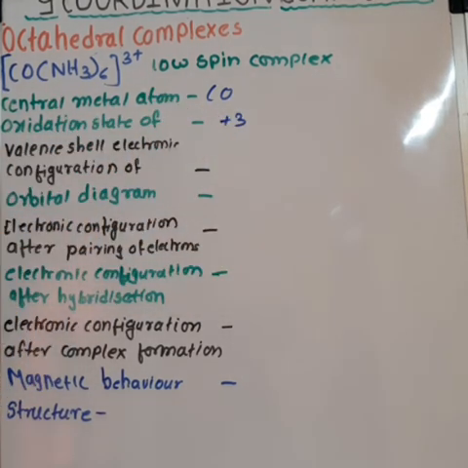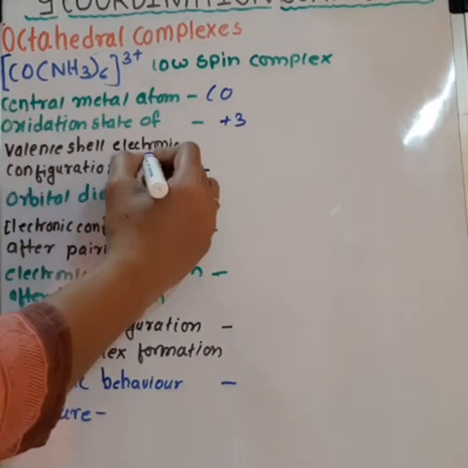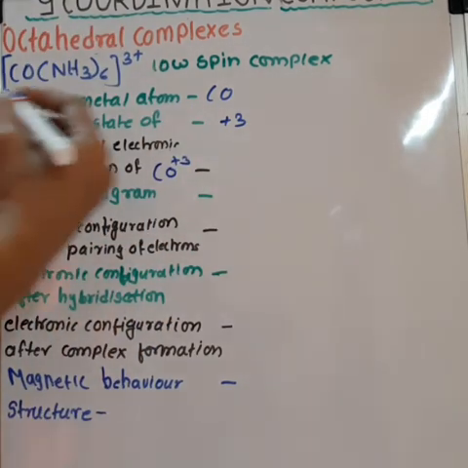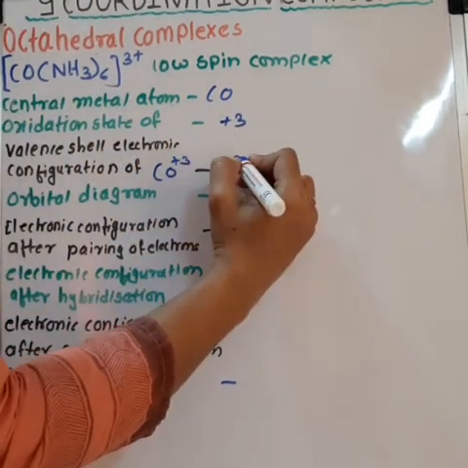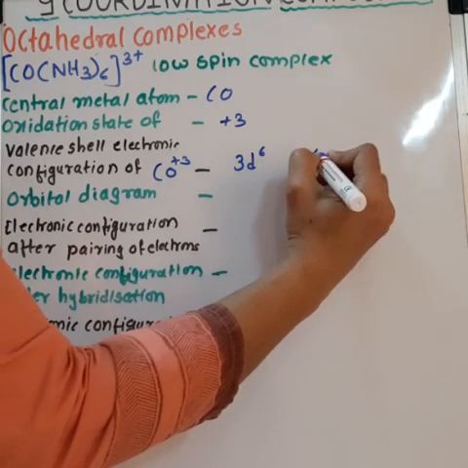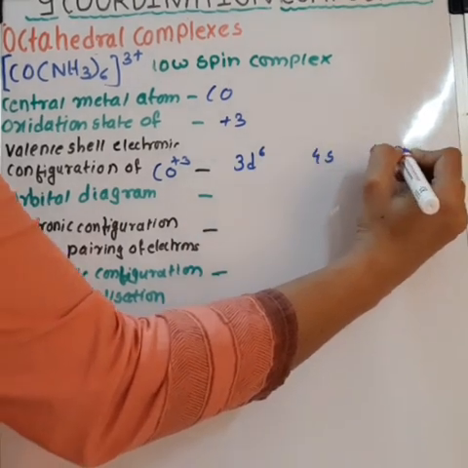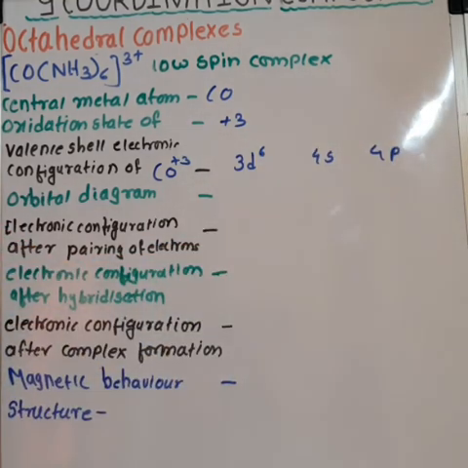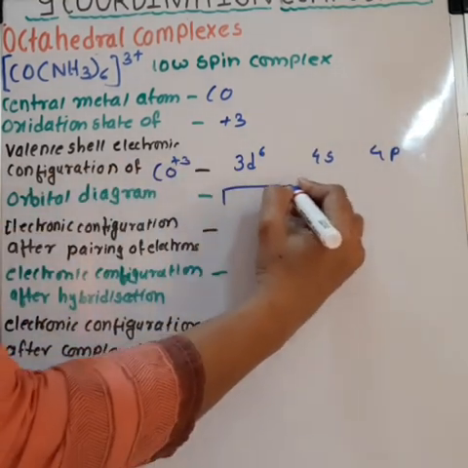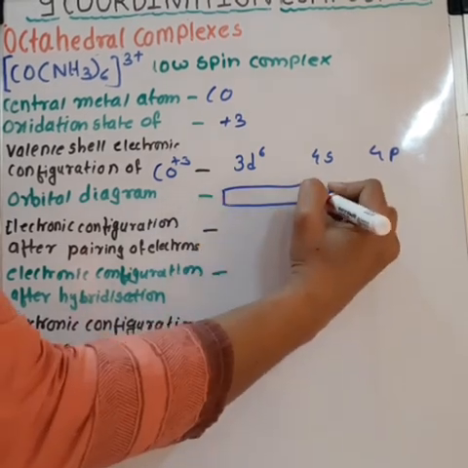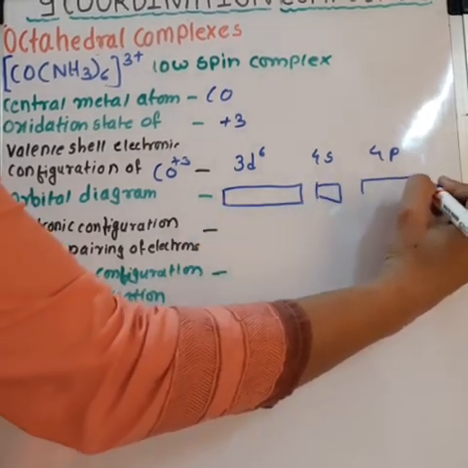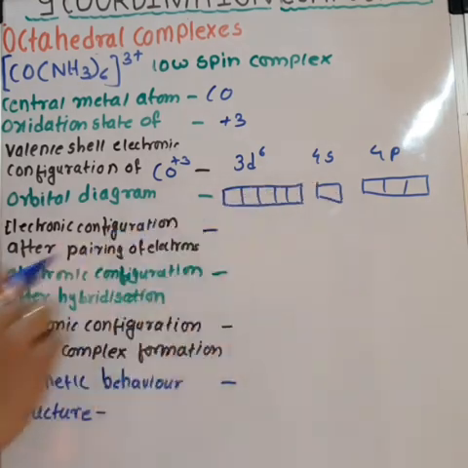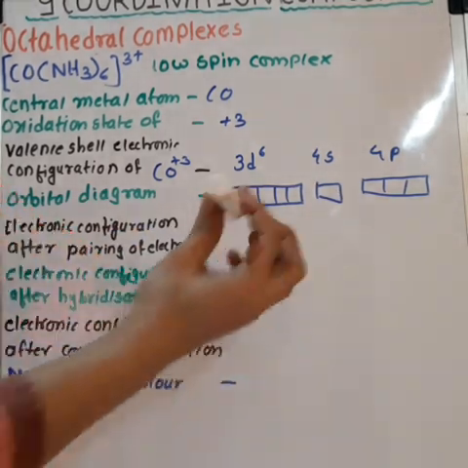So the valence shell electronic configuration of the Co3+ ion in this complex will be 3d6, 4s0 and 4p0. The orbital diagram for this electronic configuration is shown; there are 6 electrons.